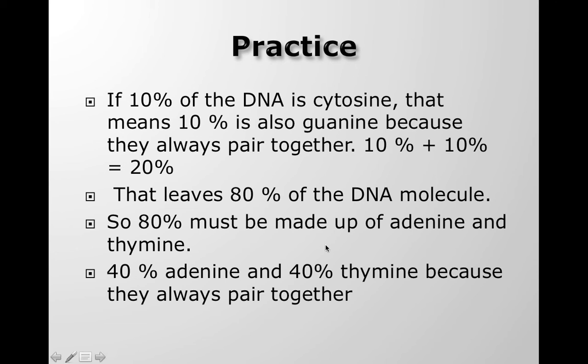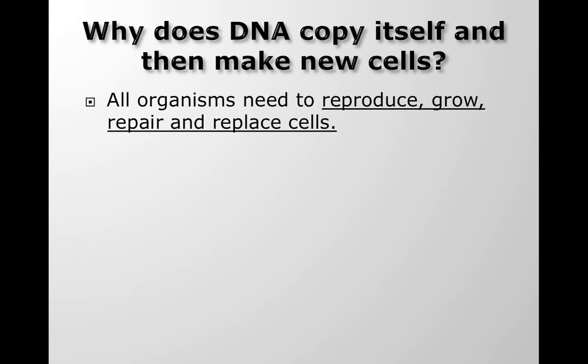So that means 80% of the DNA has to be made up of adenine and thymine. So there's 2 of them, so I divide the 80% into 2, so that means 40% of the molecule is adenine and 40% of the molecule is thymine, because however many A's I have, I have to have the same amount of T's. And so that's how we can figure out complex problems and understand our DNA molecule.